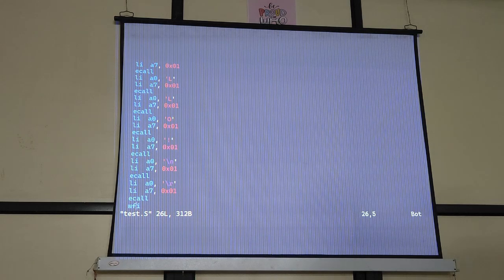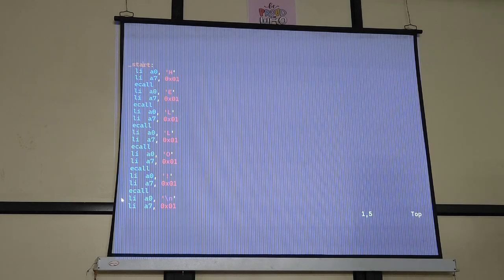This is the actual source code for the hello program which we have written. This is the actual source code in RISC-V assembly. Every time we load a character like H in the buffer, then we do an ecall, which is basically asking OpenSBI to execute this instruction.